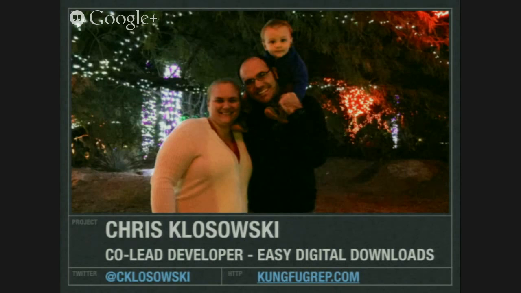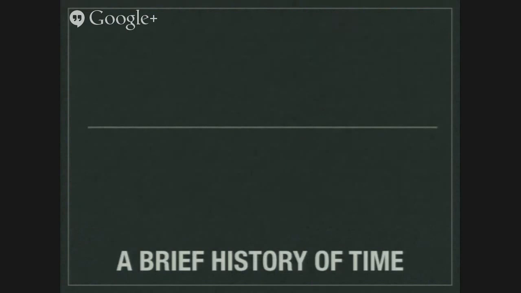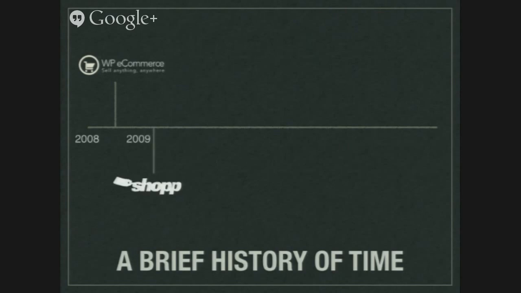To get started, I think it's really important to look at a brief history of time before we move on in e-commerce with WordPress, because back in about 2008, we had one option, and it was really WP e-commerce. And it actually is older than that, but that's when it became WP e-commerce. And then we really quickly jumped into 2009, where we got something called Shop. And their first commits into the repo were early 2009. So what, now 7 years ago? 6 years ago is when we really started this whole process.